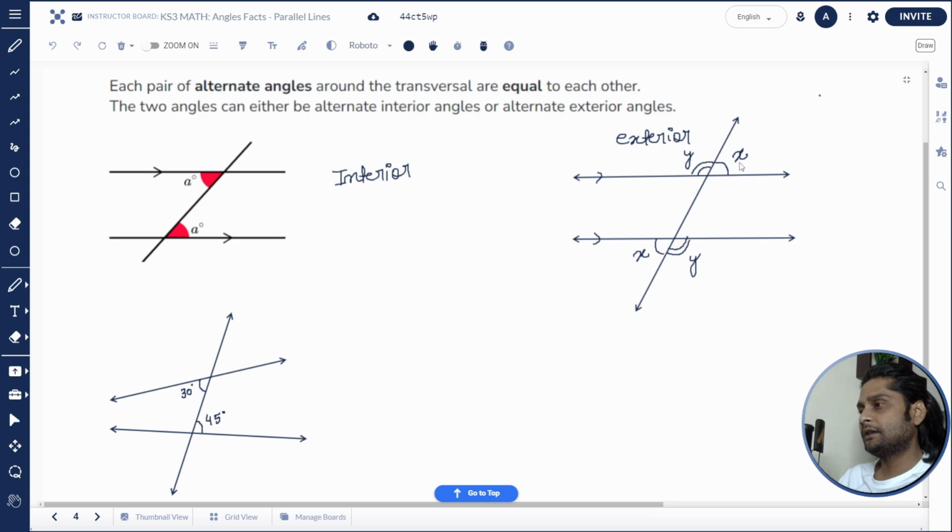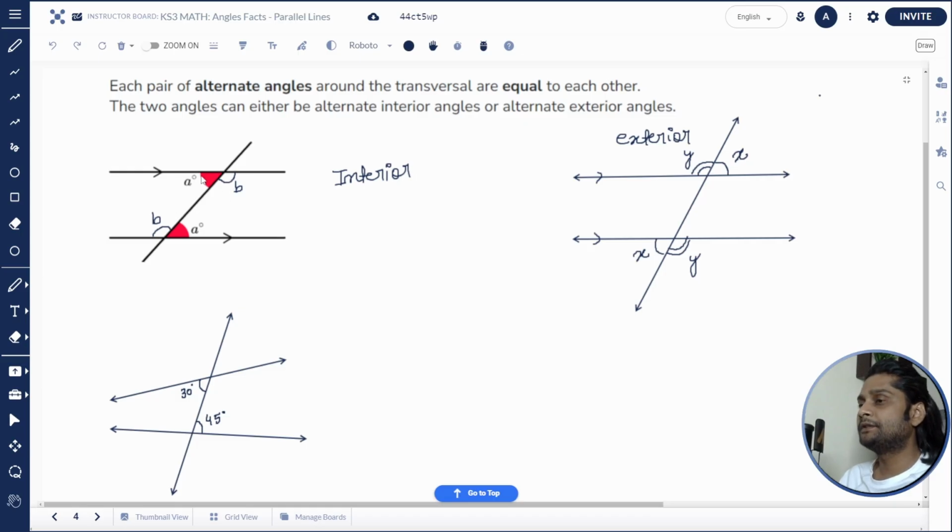So x and x are equal, similarly y and y are equal, and they both are pairs of alternate exterior angles. In the same way, just like we have a and a equal, we could have another pair in the interior region. Let's say if this angle is b, this would also be b. So we would say that yes, these are alternate interior angles and they are equal.